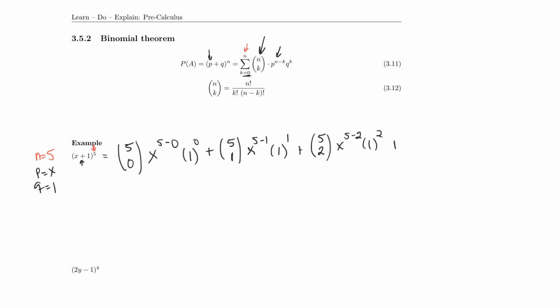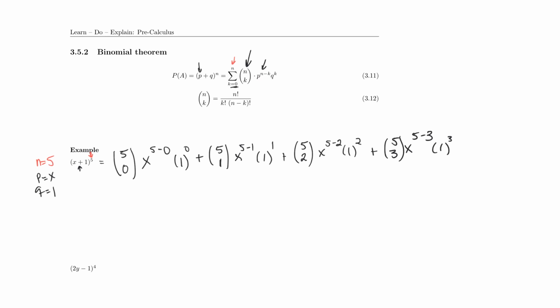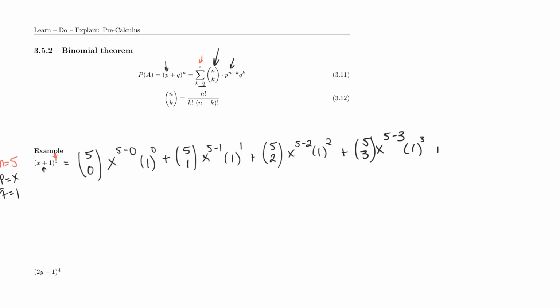Then the next term will be 5 choose 3, x to the 5 minus 3, 1 to the power of 3. Then the next term will be 5 choose 4, x to the 5 minus 4, 1 to the power of 4.